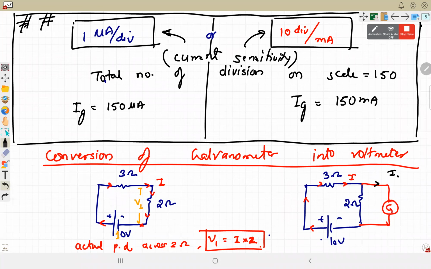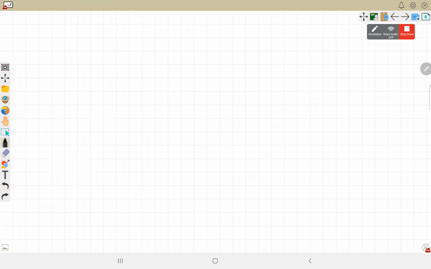Some amount of current will start going through the galvanometer, and only the remaining current will pass through this 2 ohm resistor. So the measured value is not I into 2. The measured value is 2 into (I minus I1), and the reason is that some current has been divided into the parallel branch. The measured potential difference across 2 ohm.